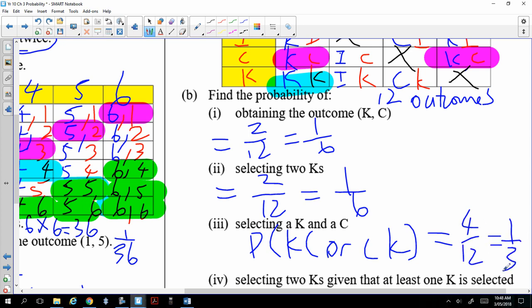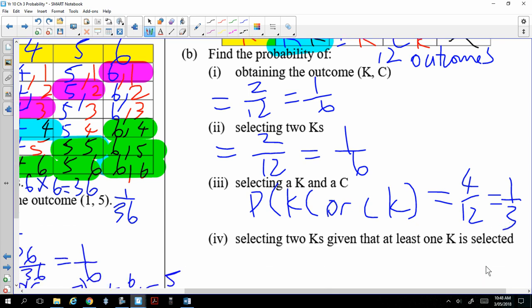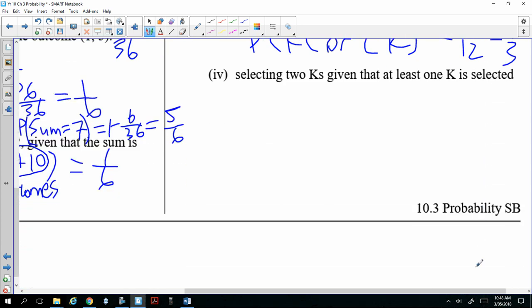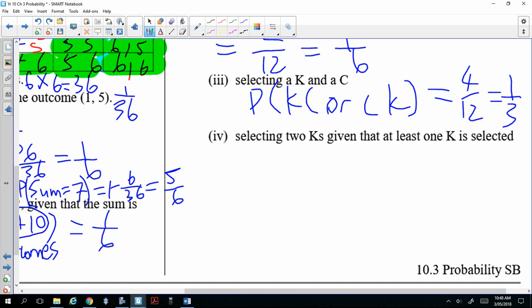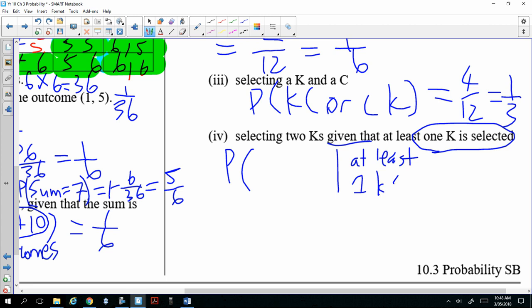One more question. Selecting 2 Ks given at least 1 K is selected. Remember, conditional probability. Given at least 1 K selected, you have to get 2 Ks. So to answer this question, we need to know how many of the outcomes have at least 1 K in them.